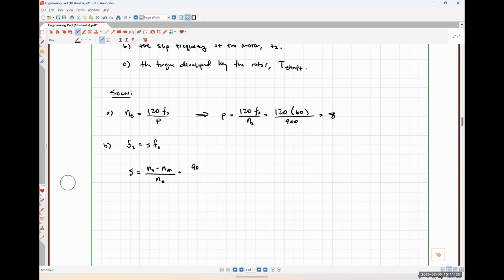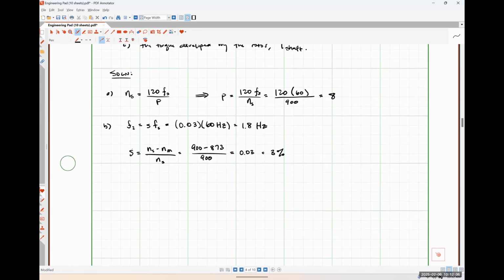So that's 900 minus 873 over 900. That comes out to be 0.03, or you might often see the slip expressed as a percent, so that would be 3% slip. From that piece of information, our electrical frequency of our rotor is just 0.03 times 60 hertz, which comes out to be 1.8 hertz.